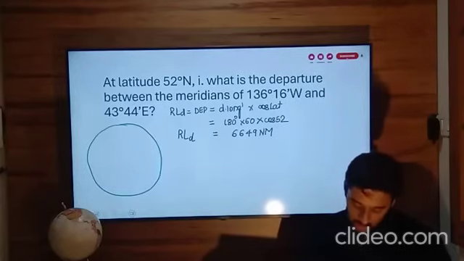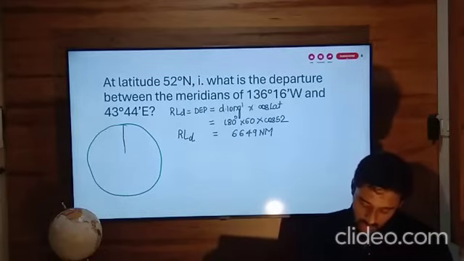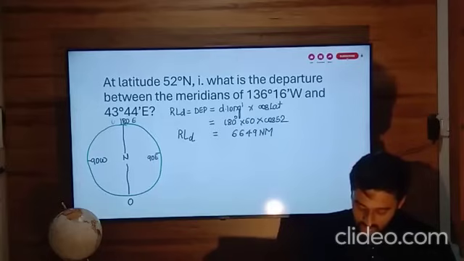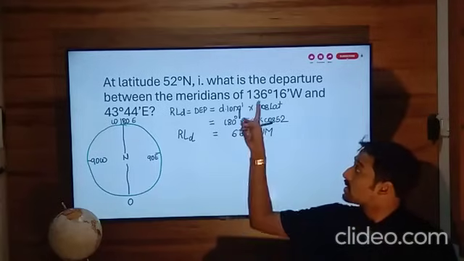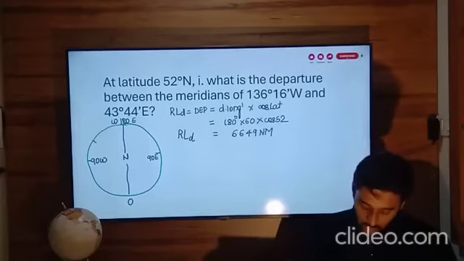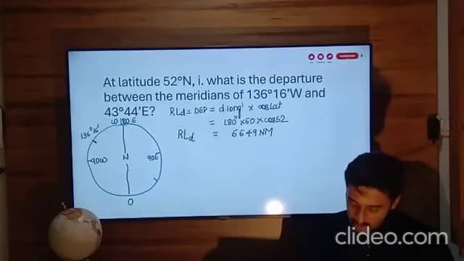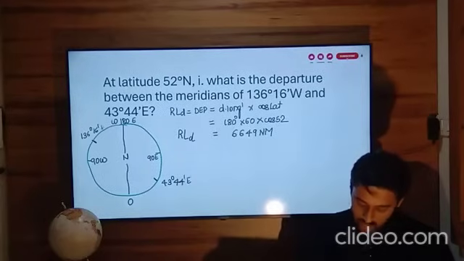Meaning this is your Earth. Let's draw our longitudes like we always do. North, 0, 90 west, 90 east, 180 east and west. Now we have one longitude at 136 degrees 16 minutes west, and another at 43 degrees 44 minutes east. Correct?